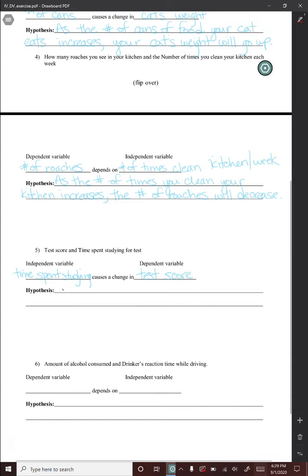So as time spent studying increases, we would expect your test score to also increase.